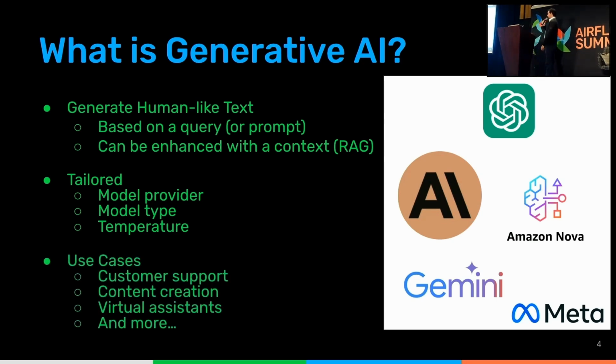In terms of use cases for Gen AI, there are a lot of use cases. I would say the main one right now is customer support. Very common: you're on a website, you ask for support, you think you're speaking to a real person, but it's actually a Gen AI chatbot in the background. You can also use it for content creation. Something pretty big right now is videos.